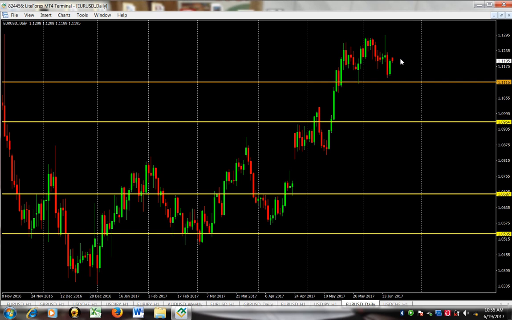Some traders like me, I like to use 50 pips as my stop loss, but the most important thing is that I have to make sure that I'm buying at a very low price, so that I will have a very small risk.